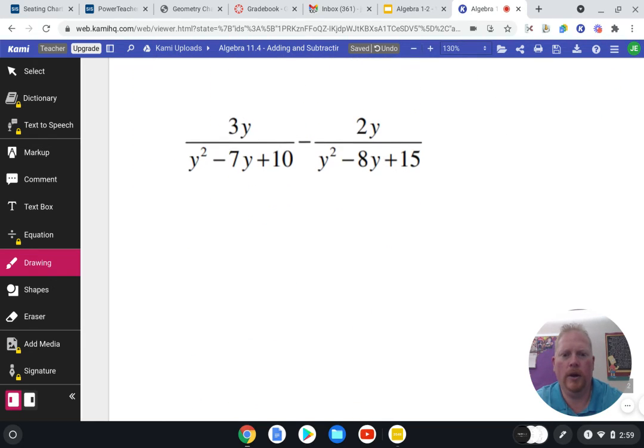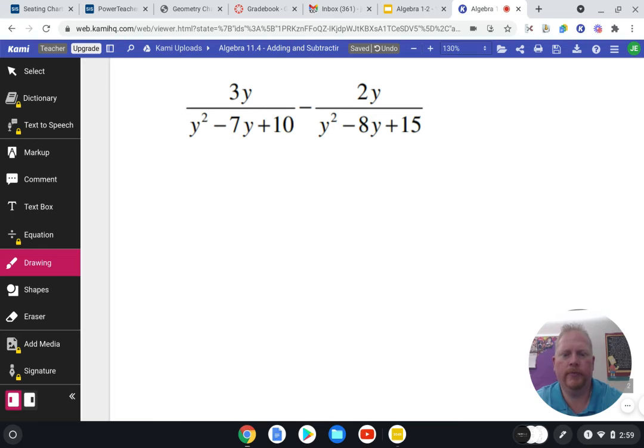Let's take a look at one more example. Now, very similar to what we did before, to find our greatest common denominator, let's see if we can break down these denominators as much as possible. So that 3y stays the same, but y squared minus 7y minus 10, that can factor into y minus 5 and y minus 2.